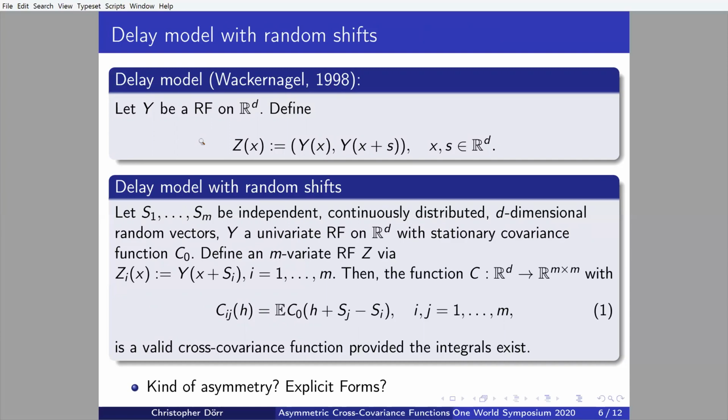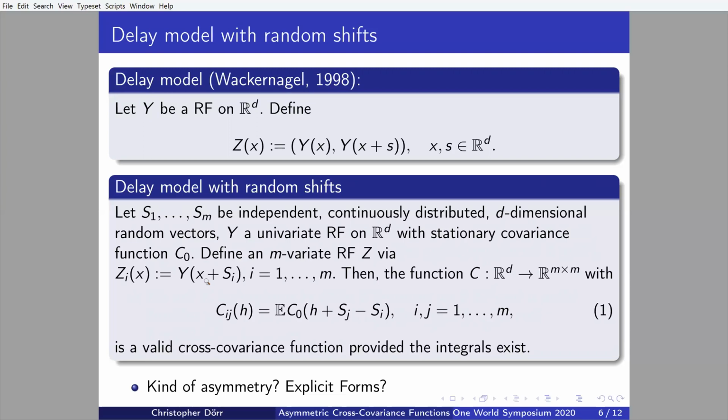We now generalize this model, and instead of a fixed shift, we replace it by random ones. So if we have n independent, continuously distributed random vectors and a univariate random field with some stationary covariance function, we can construct an n-variate random field by taking the univariate random field and shifting it by the respective random vector.